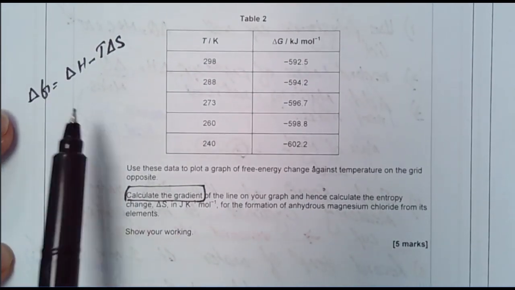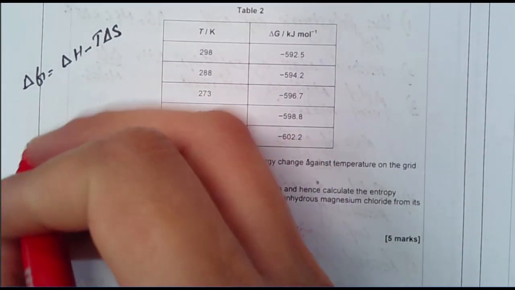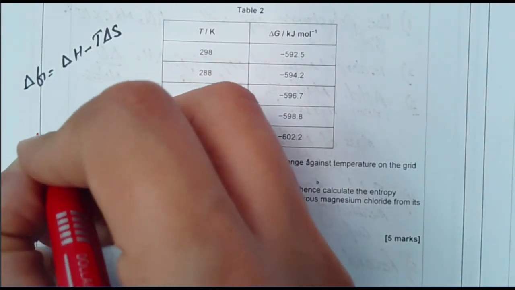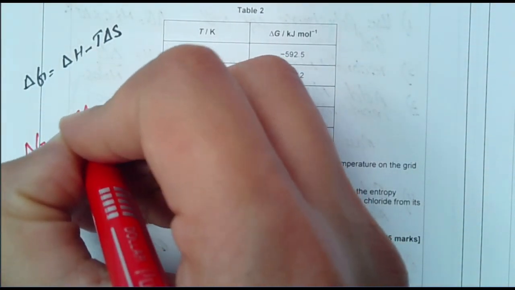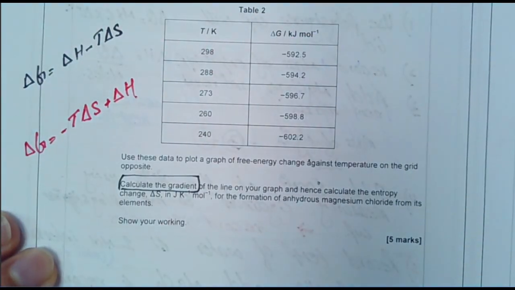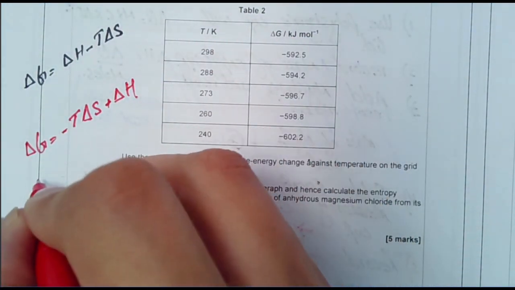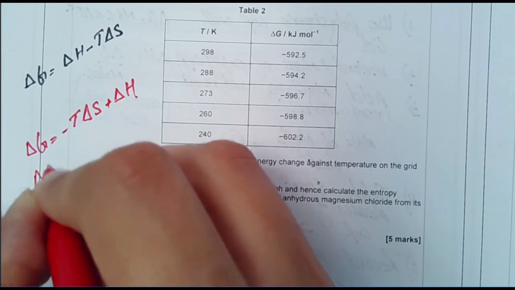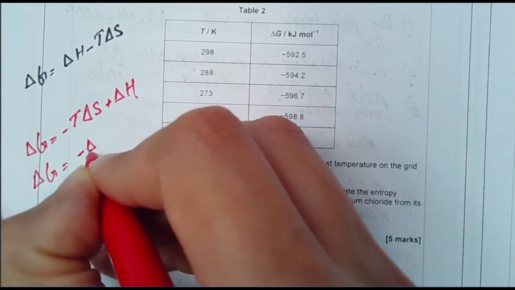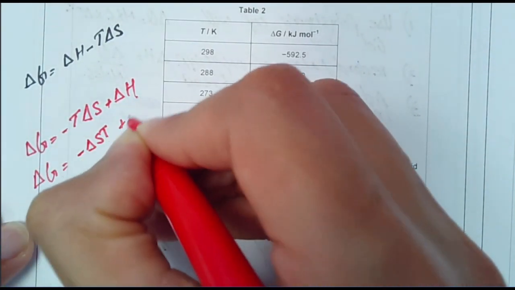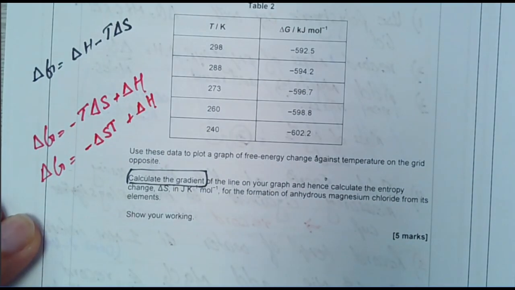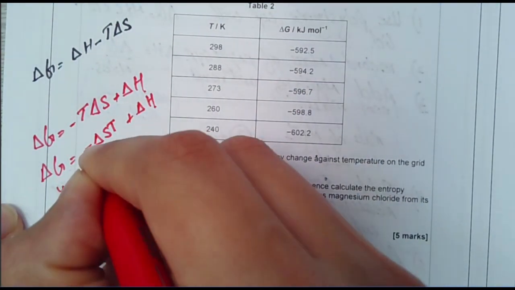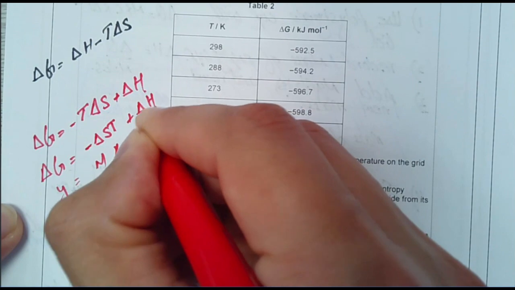So if I rearrange this equation, delta G equals minus T delta S plus delta H. I'm going to rewrite it once more: delta G equals minus delta S T plus delta H. If you compare it, it is the same as y equals mx plus c.